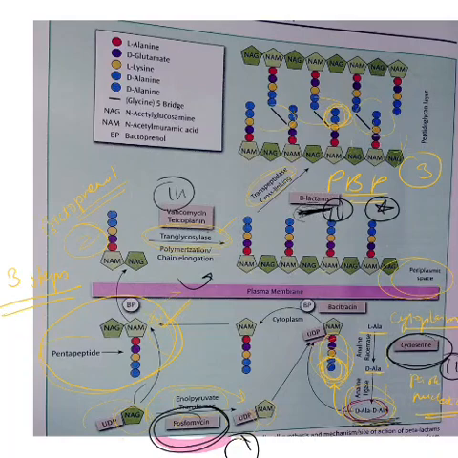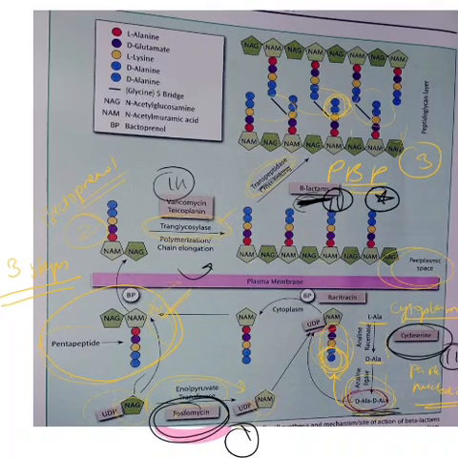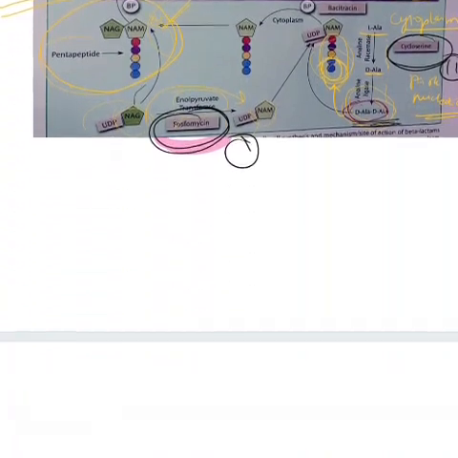Beta-lactam will prevent cross-linking by inhibiting transpeptidase. So this is the whole process of formation of the cell wall, and these are the various drugs which prevent cell wall synthesis.